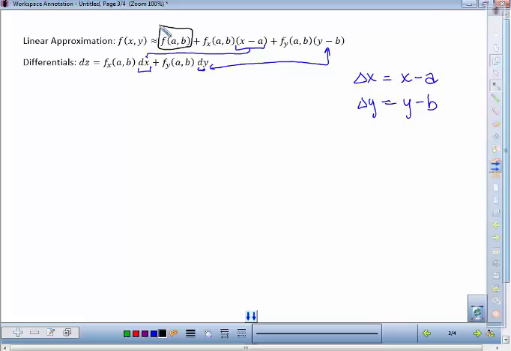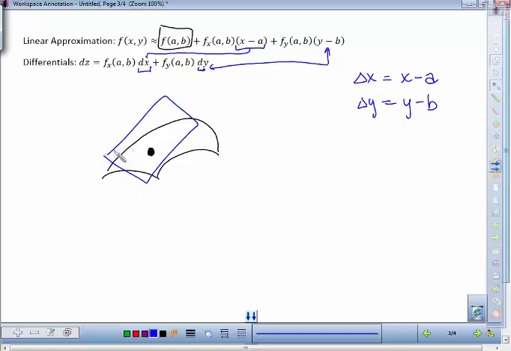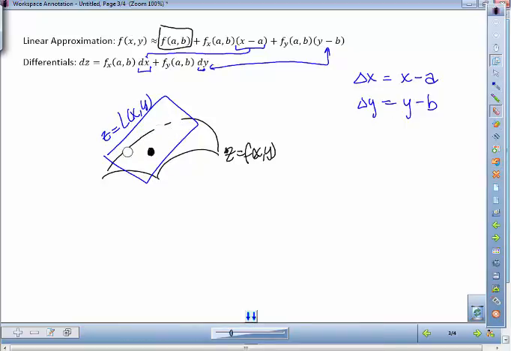So let me attempt to draw that picture again, and this is kind of like the picture in the book. So we have the surface z equals f of xy, and we have the plane z equals L of xy, which is our linear approximation. Maybe if we dot this, we see that this is kind of behind.